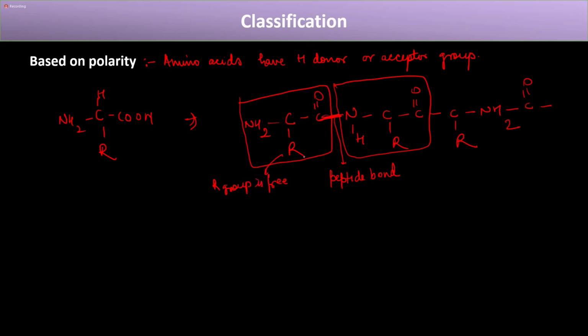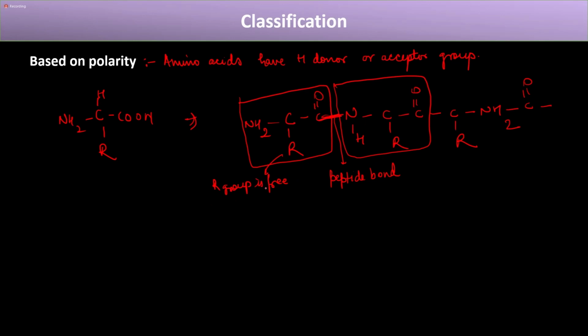And this R group decides the polarity of that amino acid. We understood why: because the carboxylic group and amino group are involved in the peptide bond formation, the only thing that is free is this R group.